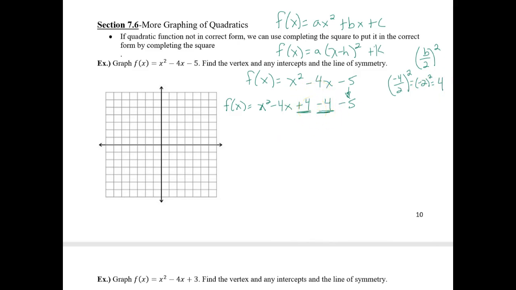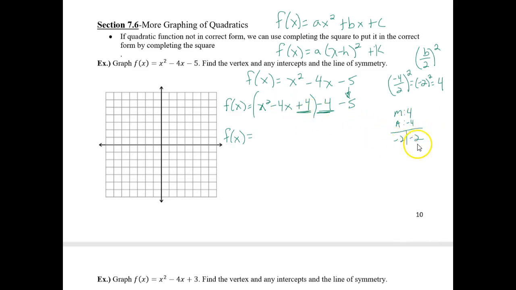And now I'm going to factor just these 3 terms, right? Because those are supposed to be the perfect squared binomial terms. If I factor that, I'm asking what would multiply to 4 and add to -4, and I get -2 times -2 would give me +4. -2 plus -2 would give me -4. They're the exact same terms, right?